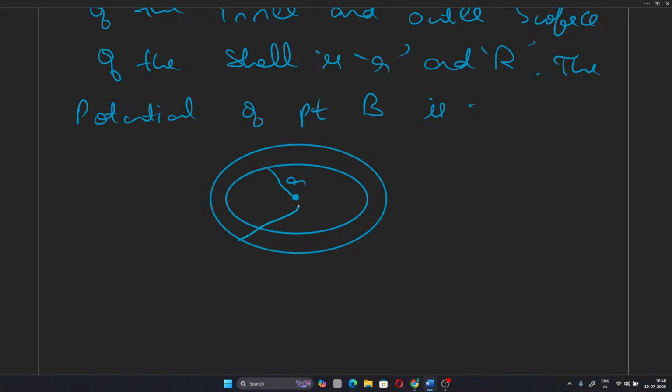This radius is big R. And this is point B. This is the charge Q. And this point is called A. The center is O. And this point is C.